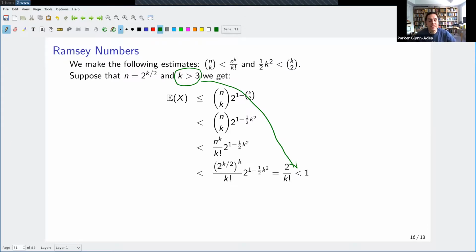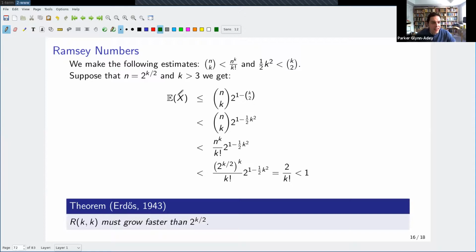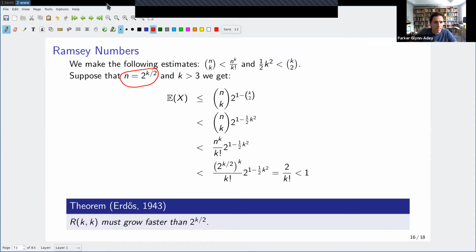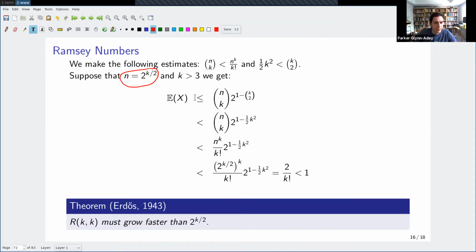So what is this saying? This is saying that if n is of this size, and actually, that's a good observation, Harshit, this can actually be equal to.